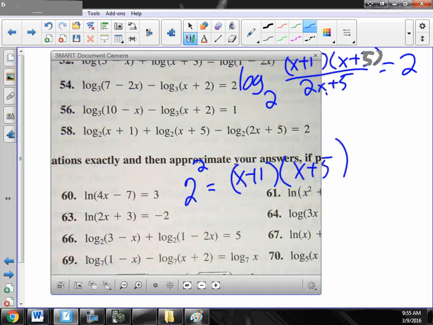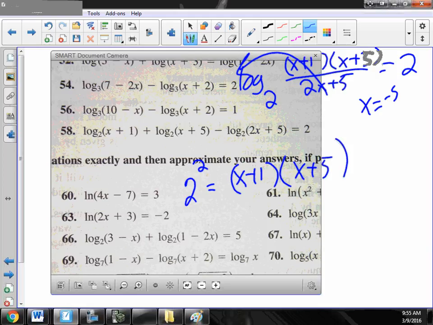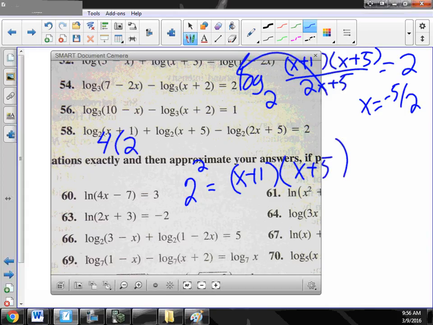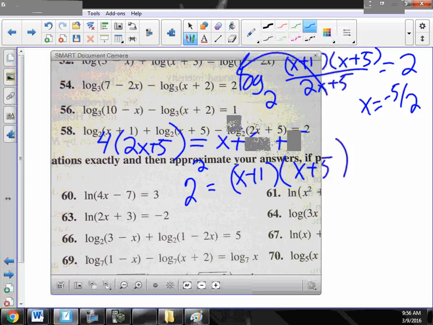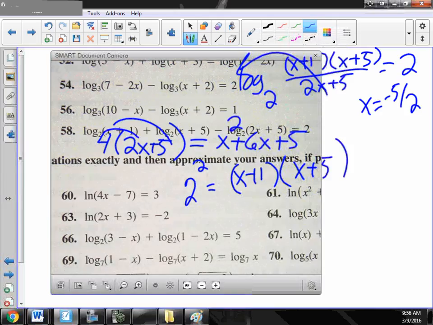And I'm going to multiply the 2x plus 5 to the other side, remembering x is not allowed to be -5/2. So 4 times 2x plus 5 is equal to x squared plus 6x plus 5. Just distribute the 4 and move it to the other side and factor it.